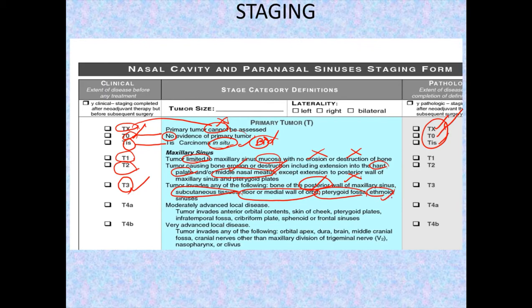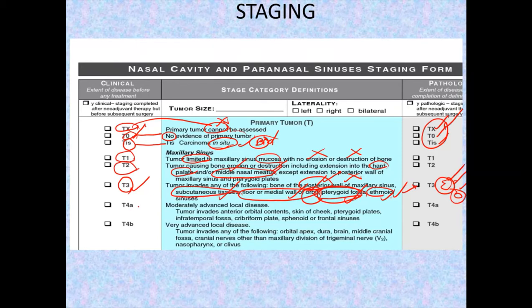If another sinus like the ethmoid is reached, it is T3. If the orbit is involved, it is T3. If the pterygoid fossa is involved posteriorly, it is T3.